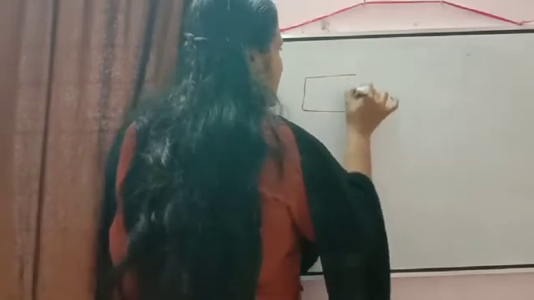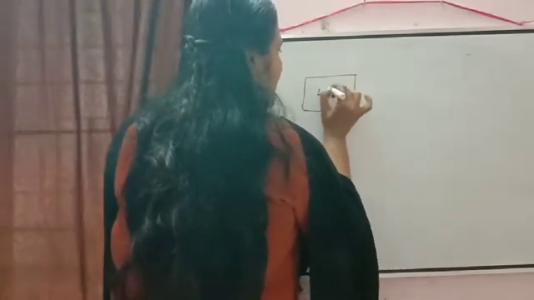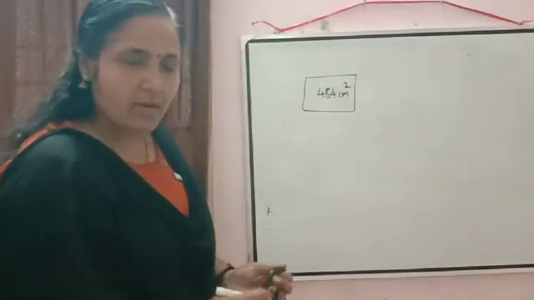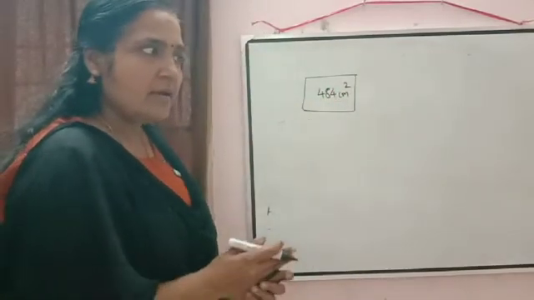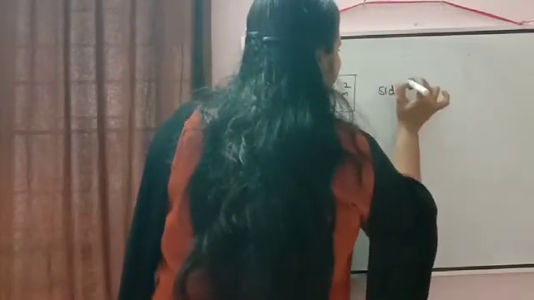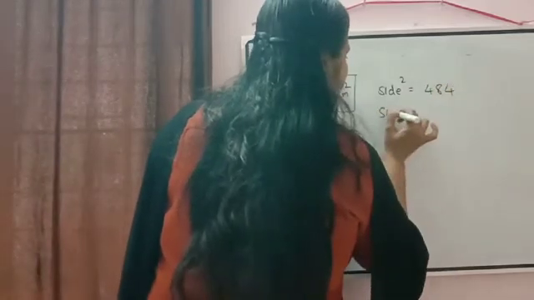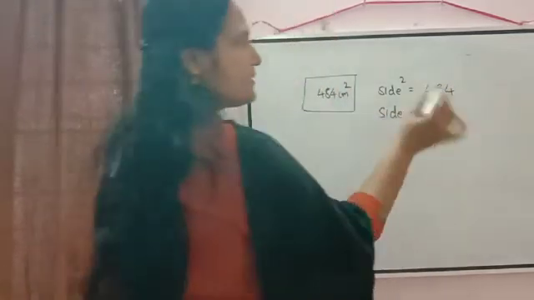It encloses a square whose area is given 484 centimeter square. And what is the formula for area of a square? Area of a square is side square. So we have side square is equal to 484. Then what will be the side of the square? It's square root.